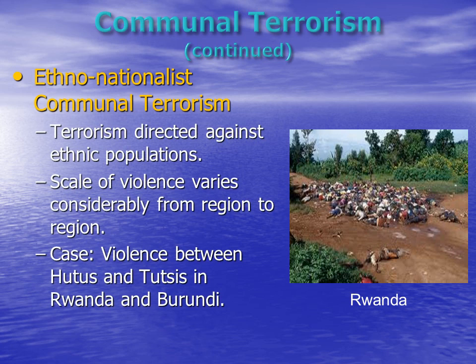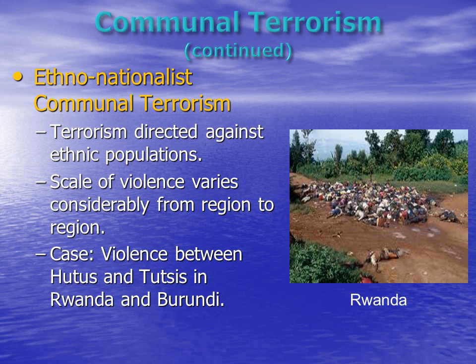And there's a picture of Rwanda, a perfect example of genocide. Ethno-national communal terrorism, again directed against ethnic populations. You can have different tribes like the Tutsis and the Hutus, whichever one is in power. They'll go out with machetes in these cases and destroy the other tribe.